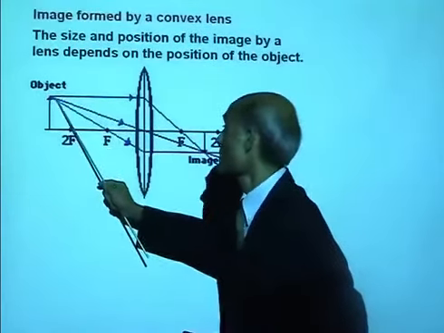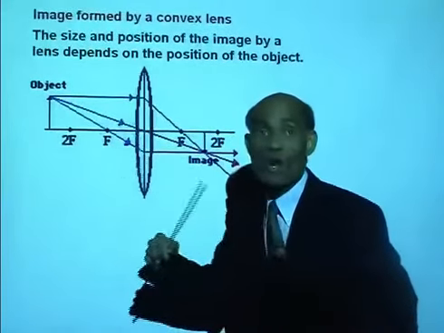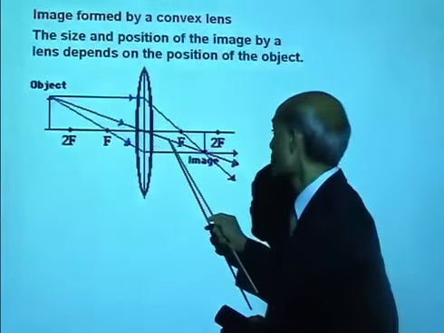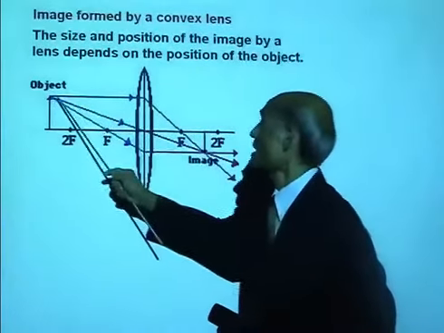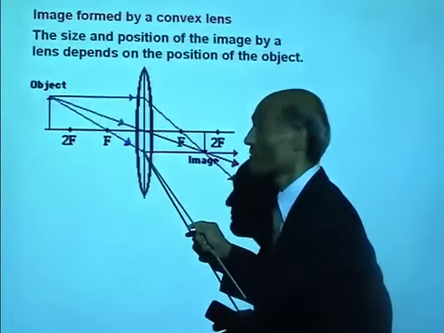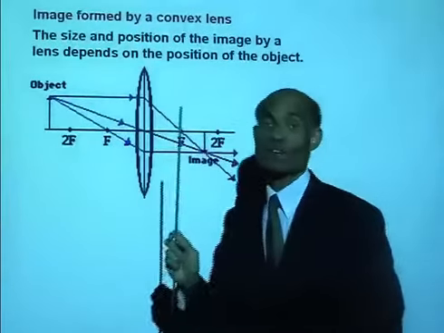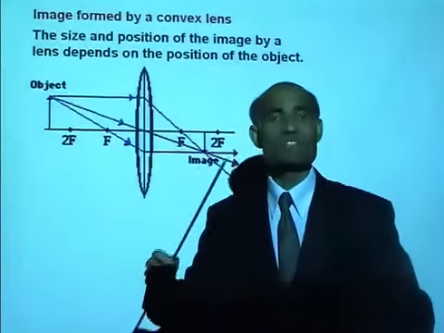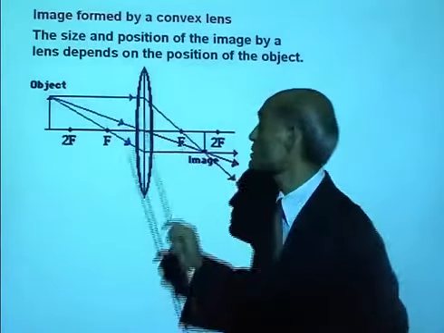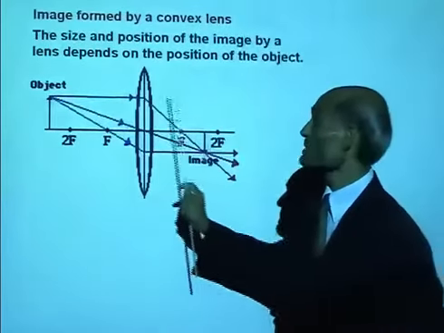A ray that passes through the center of the lens will not suffer any deviation. It will go without deviation. And a ray passing through the principal focus, after passing through the lens, will go parallel. Now, these are the three distinct ways we are going to use to construct images in a convex lens. What are those one more time?